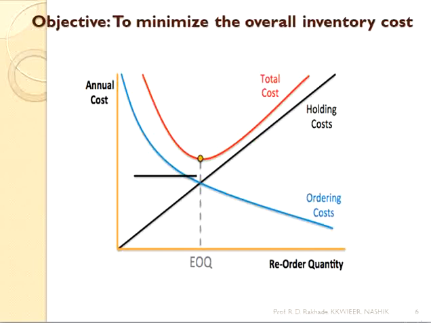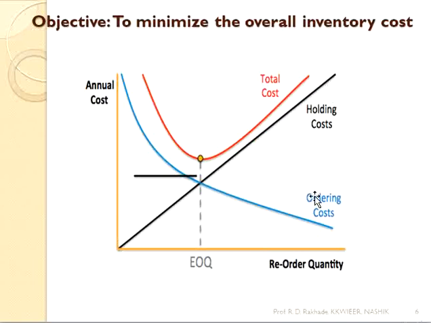Basically there are only two costs on which the total annual cost of inventory depends. The first one is holding cost. This linear, uniform line represents holding cost. If you see, as the quantity increases, holding cost also increases.